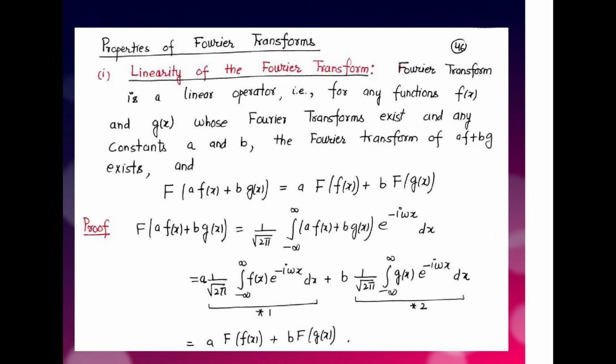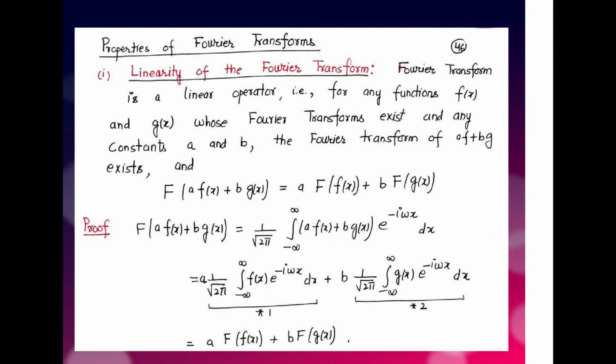Its proof is very easy. We just apply the definition and simplify the expression. So Fourier transform of a f plus b g is equal to 1 upon root 2 pi integral from minus infinity to plus infinity of a times f plus b times g, multiplied by e raised to power minus iota wx dx. Now it's very easy.